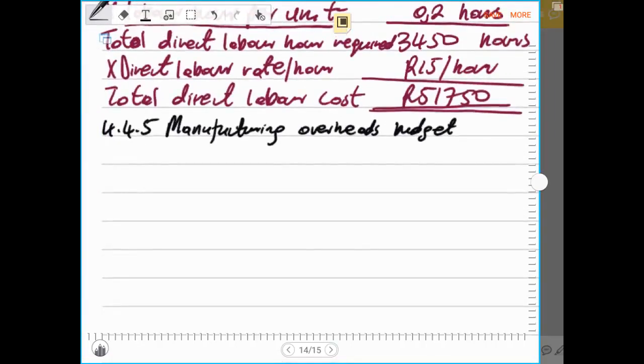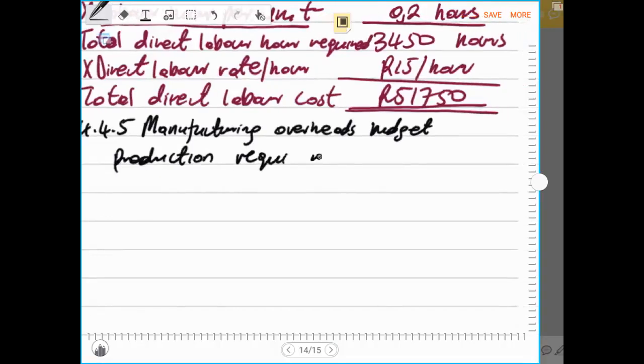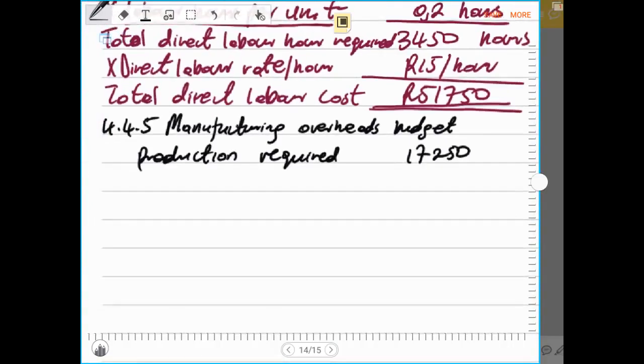Then we start again with the production required, because these are the units that are required for production. Whatever we plan is based on what the production requirement says. Production required is 17,250.